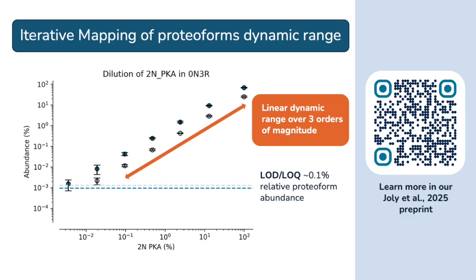Keeping on that theme about comparing our method to existing methods, I also want to comment on the other application of the platform, which is mapping of proteoforms, not just proteins. In our recent preprint, we demonstrated a quantitative dynamic range of more than 3 orders of magnitude and a limit of quantification of roughly 0.1% relative proteoform abundance.